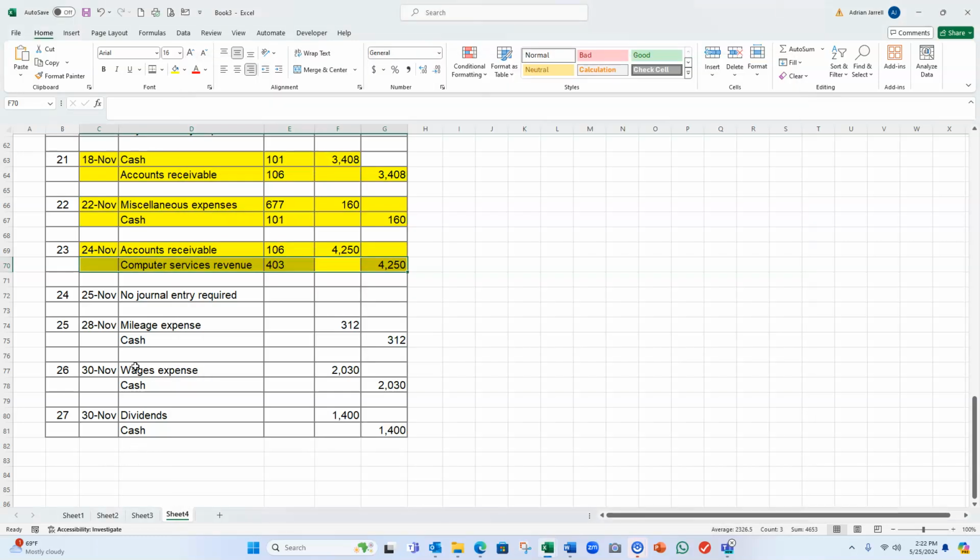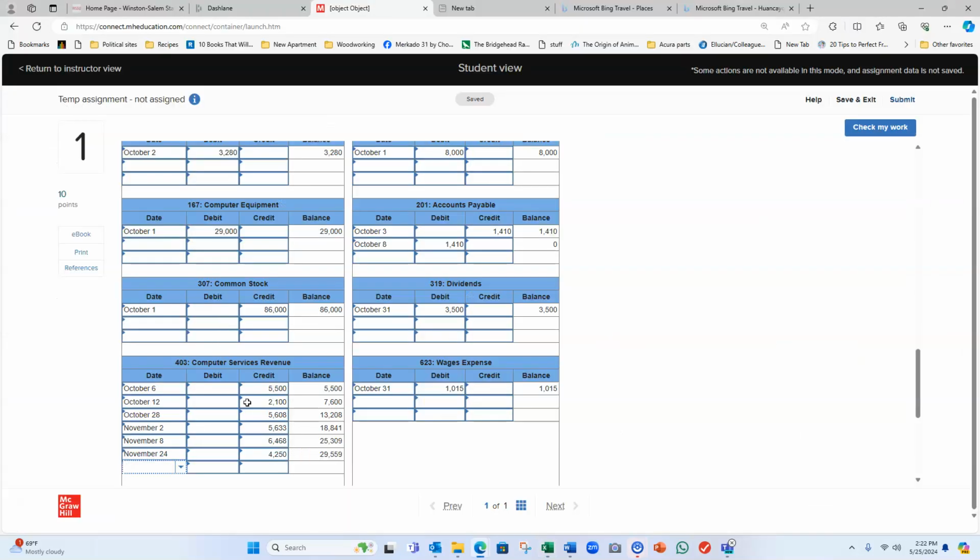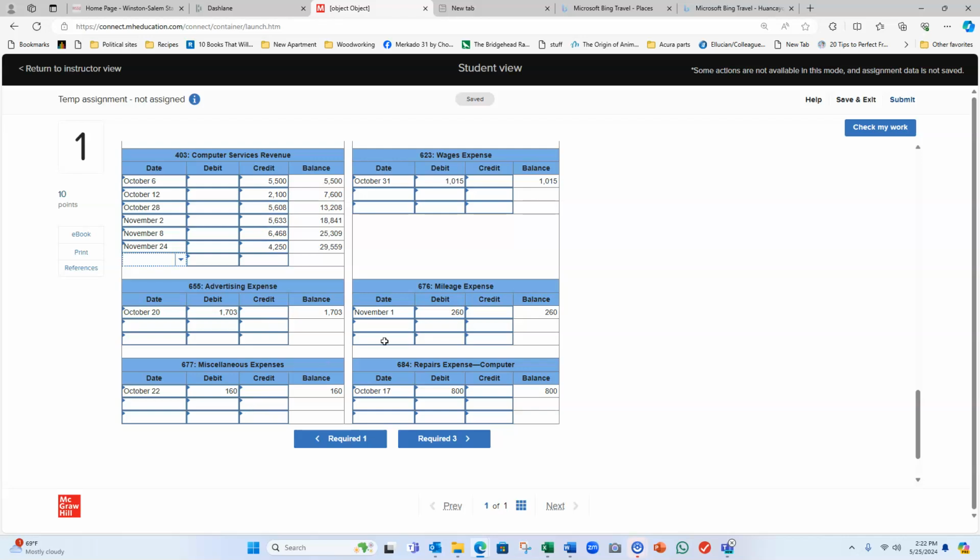Okay, let's get the last three entries done. The first one is the $312 debit to mileage expense. Excuse me. Make sure that's right.